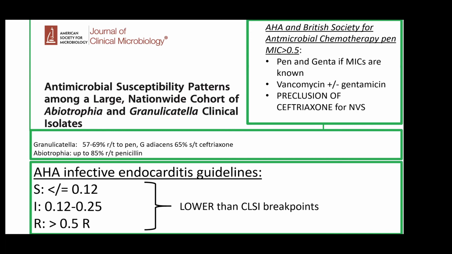But just of note, they looked at susceptibility patterns for these organisms, and you can see that between 57 to 70% of the Granulicatellas are actually resistant to penicillin, and 65% were susceptible to ceftriaxone, compared to your Abiotrophia, where up to 85% of them are resistant to penicillin.